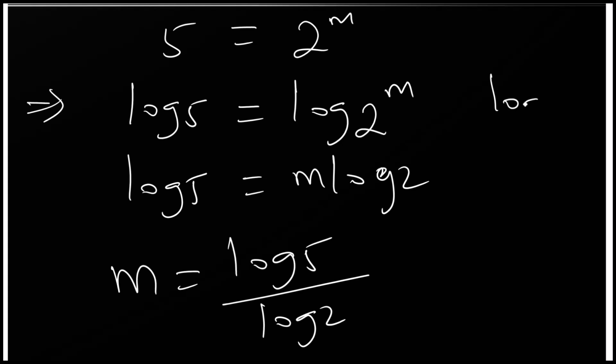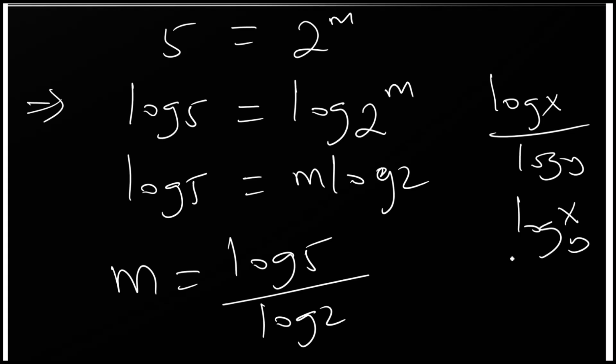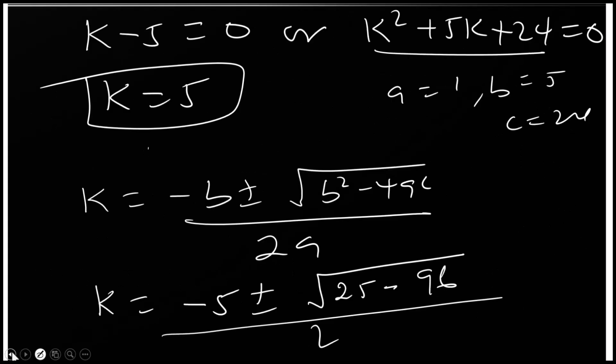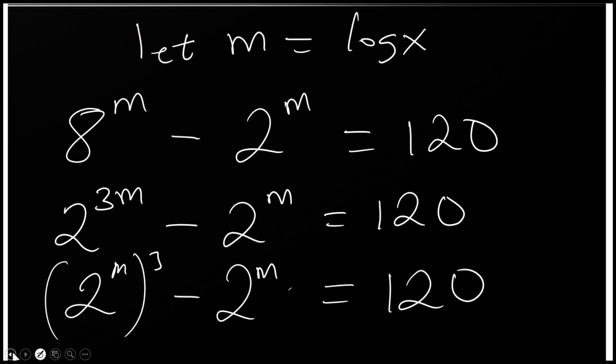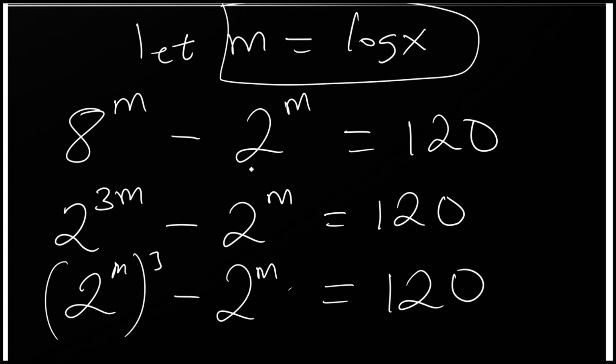Now when you have log x on log y, it is the same as log x to base y. So this one is log 5 to base 2. Now that is m. But let's go back. m is also log x.